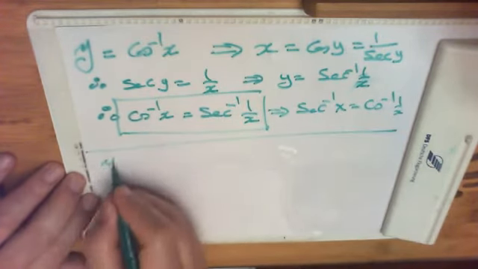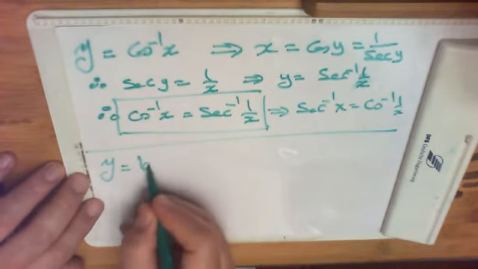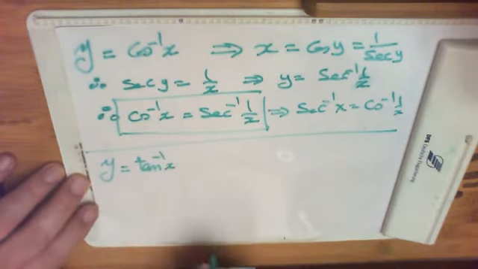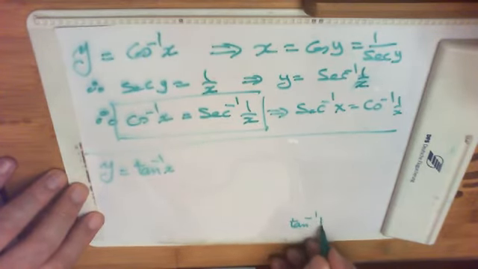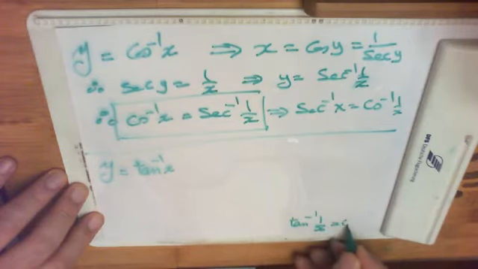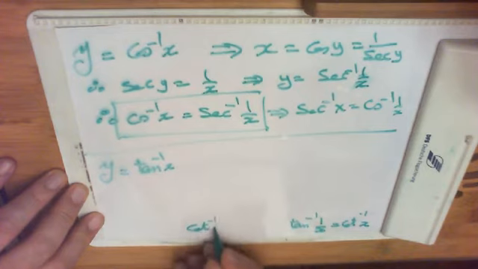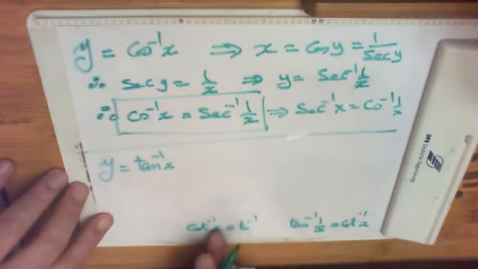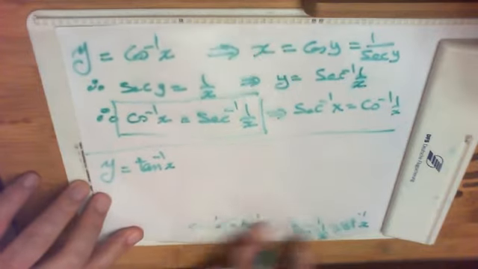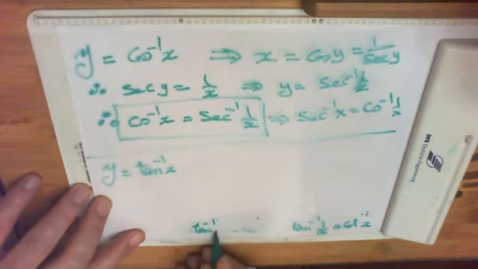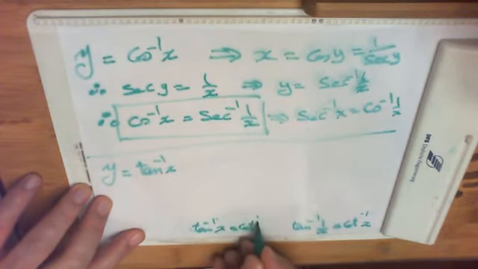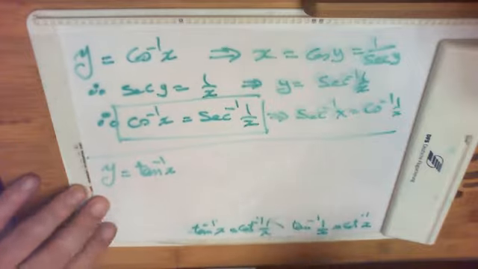Finally, y equals tan⁻¹x. We expect to prove that tan⁻¹(1/x) equals cot⁻¹x, and cot⁻¹(1/x) equals tan⁻¹x. How come?